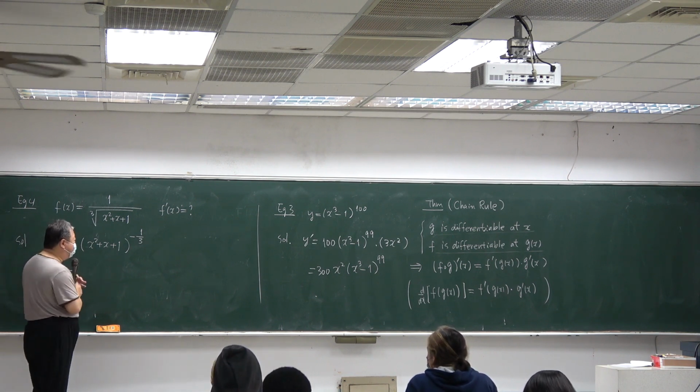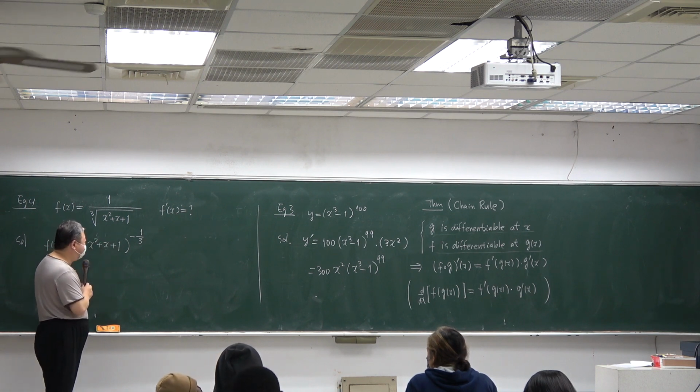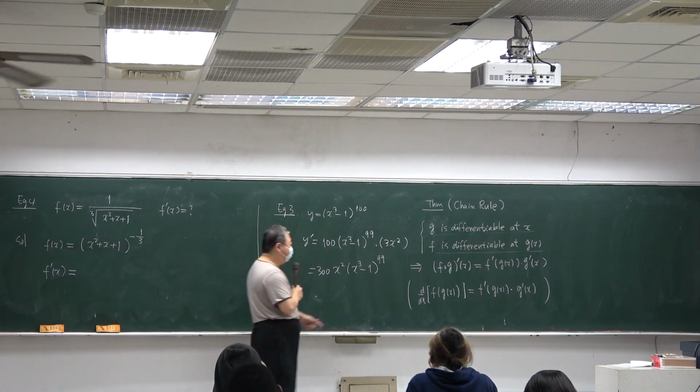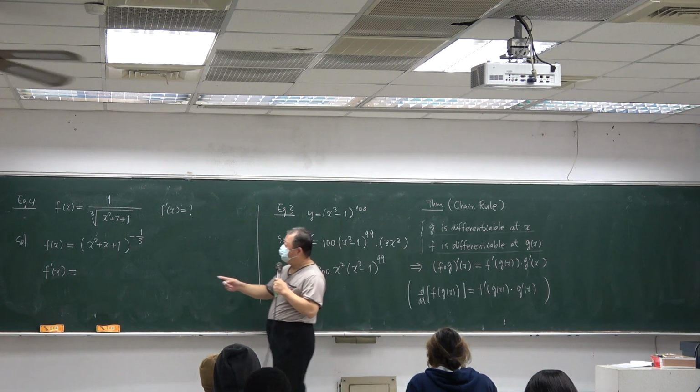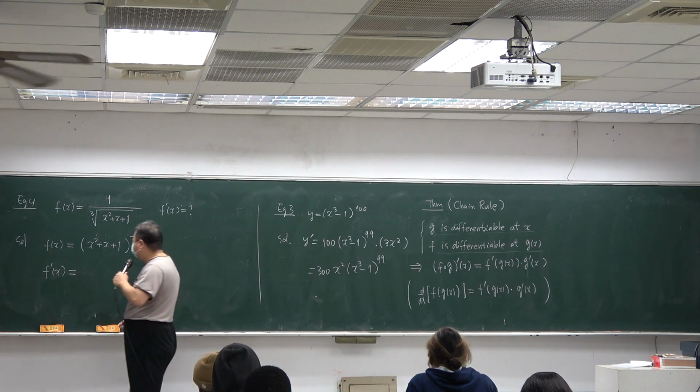Okay, x is mapped first by a polynomial function. Second, by a power function with the exponent minus 1/3.